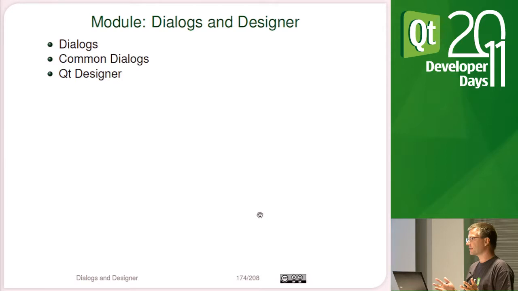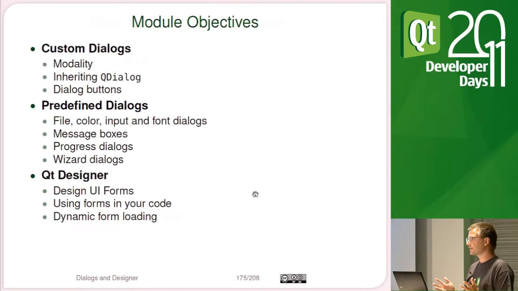Okay. So, coming to the last chapter, which is Dialogs and Designer. So, Designer we already know about. So, let's take a look what dialogs are already built in Qt, and we already saw some of them. The base class for all dialogs is QDialog.